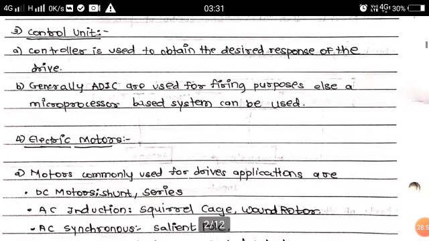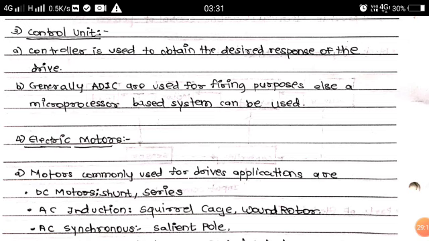Then the control unit. The controller is used to obtain the desired response of the drive, and generally controllers are some microcontroller, microprocessors, or computers, or some electronic circuit.